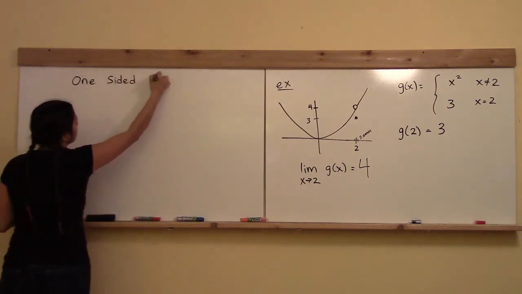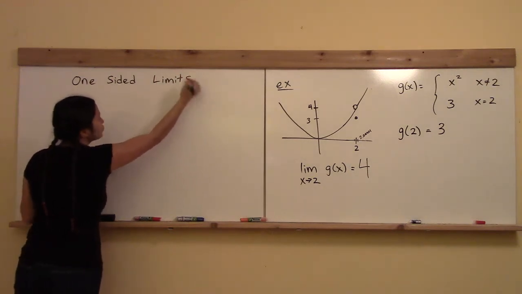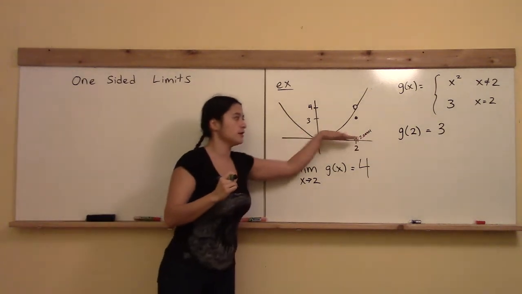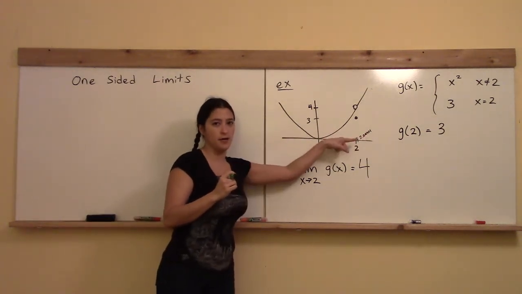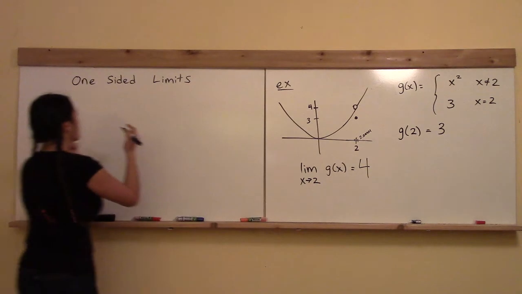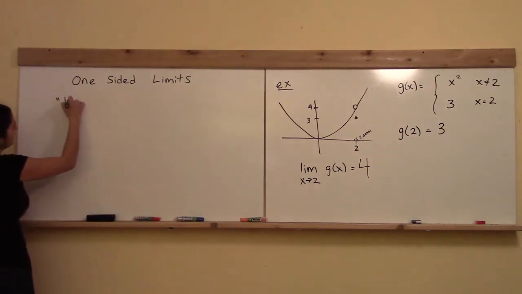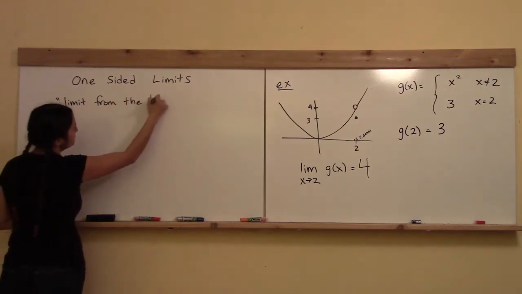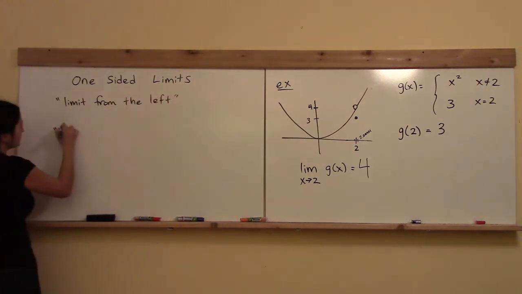This is another concept you're going to need. There are actually two one-sided limits because we're working on the real line here, which has two directions. It's got that way and it's got that way. So we're going to have two types of one-sided limit. It's going to be called the limit from the left and the limit from the right.